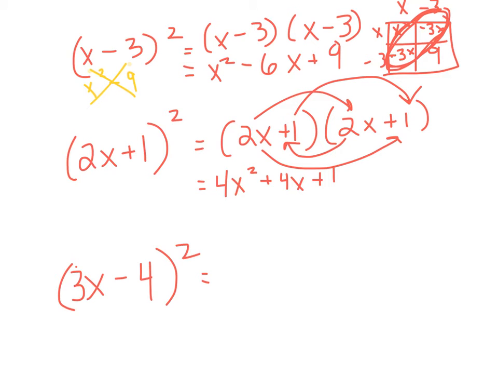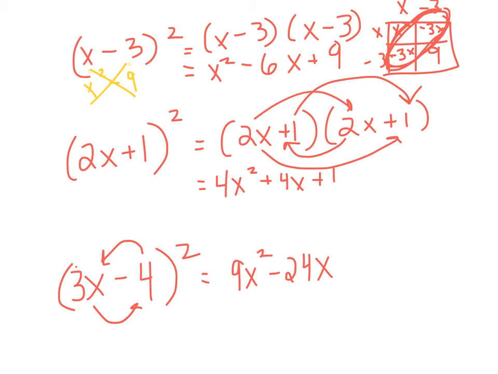So let's see, can we do 3x minus 4 in our head? 3x minus 4 times 3x minus 4. 3x is going to have to multiply by itself to give us 9x squared. Then 3x is going to have to multiply by negative 4 twice. So once would give us negative 12x, but if it's happening twice, that's really going to give us negative 24x.